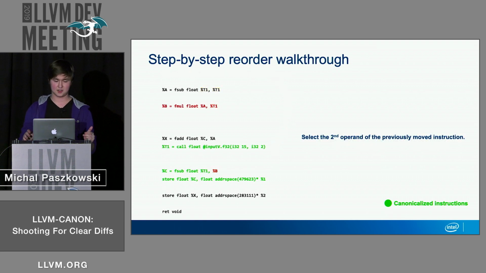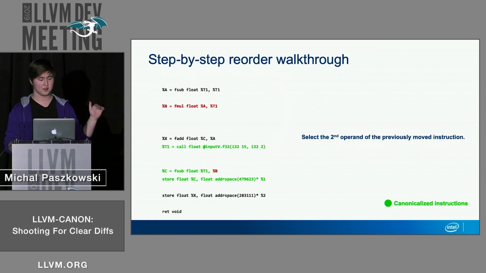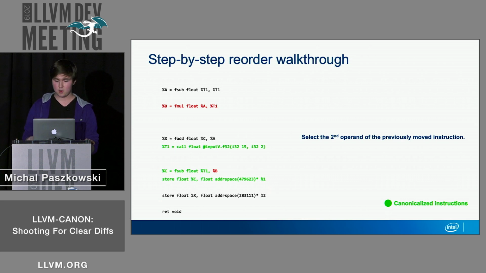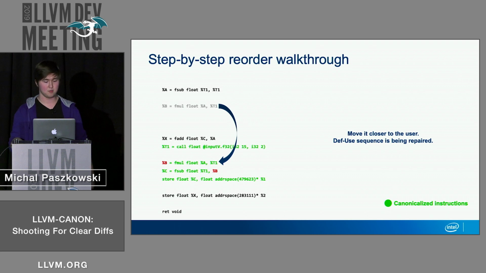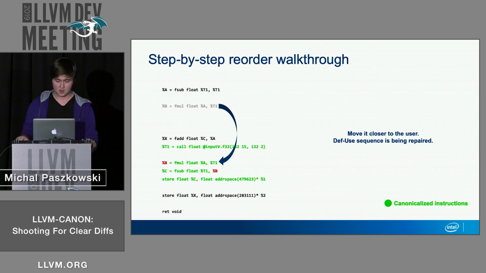And we do exactly the same thing. We select the second operand in the instruction C, which is instruction B, and we move it again closer to the user. Now you see that the def-use sequence is repaired because instruction B goes under instruction T1. So for the T1 operand, it's repaired again.